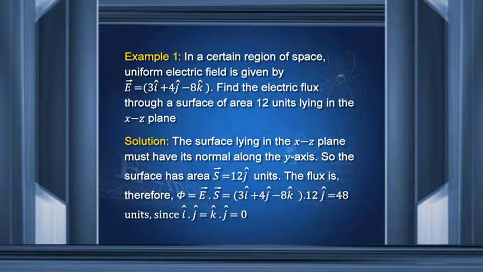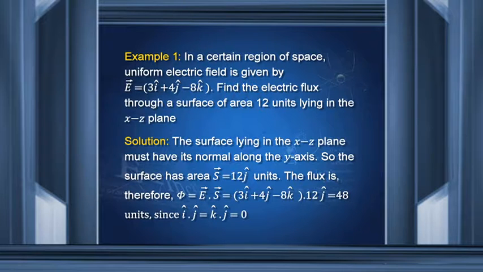So, the surface lying in the x z plane must have its normal along the y axis. So, the surface has area S equal to 12 j cap units. Remember, the surface area is a vector and the direction of this vector is normal to the surface, which is j cap.